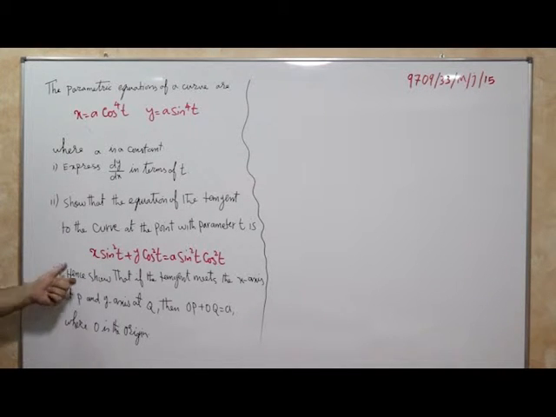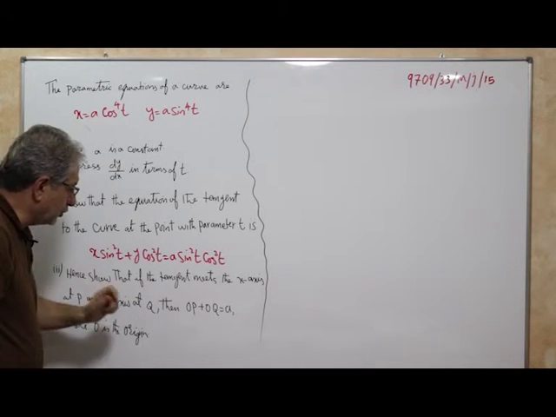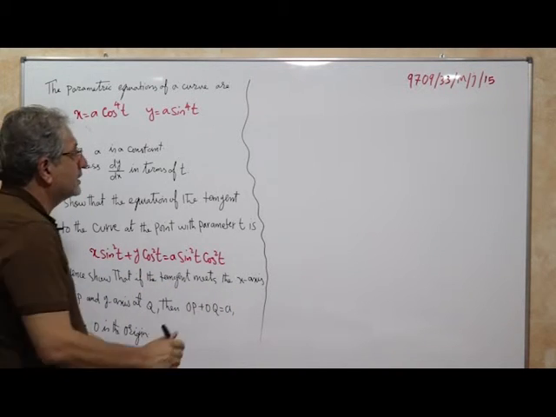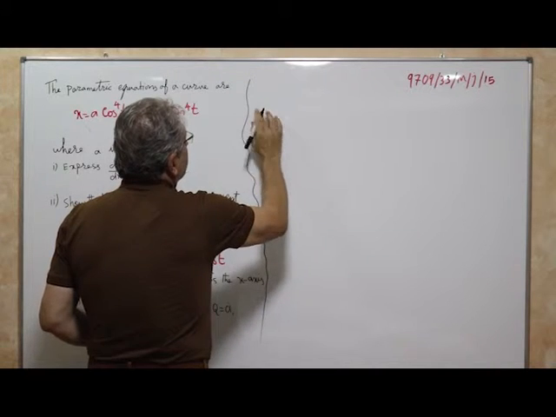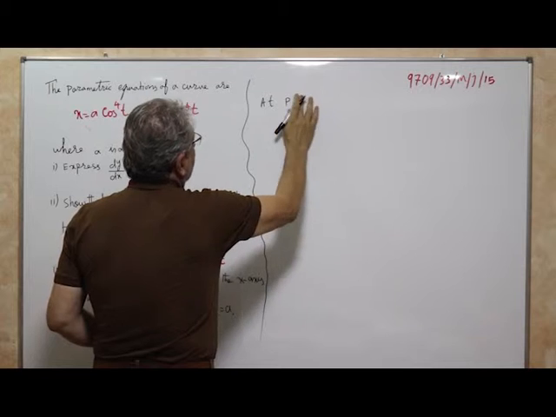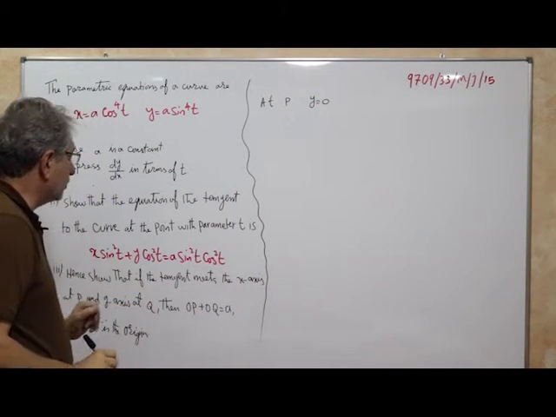It says that this tangent meets the x-axis at P and the y-axis at Q. If it meets the x-axis at P, we know that at the point P, y is equal to 0.